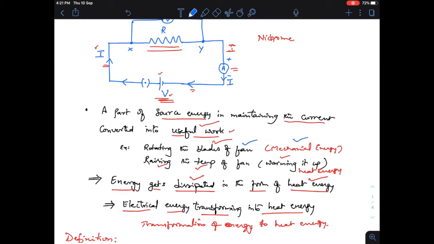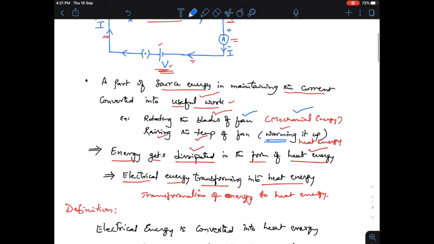So most of the energy is converted into mechanical energy, and only a very small part is converted into heat. So the fan becomes slightly warm. You will not have the fan becoming very much heated up, and that we don't want. So only part of it.